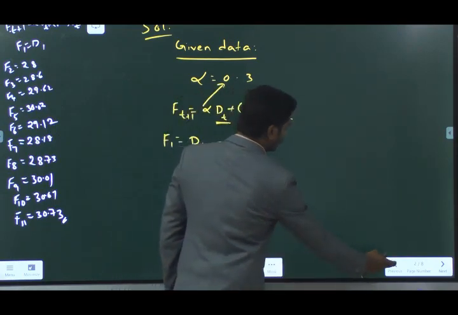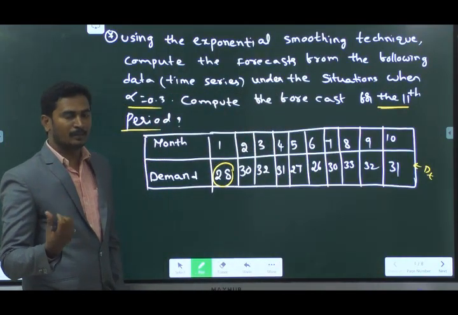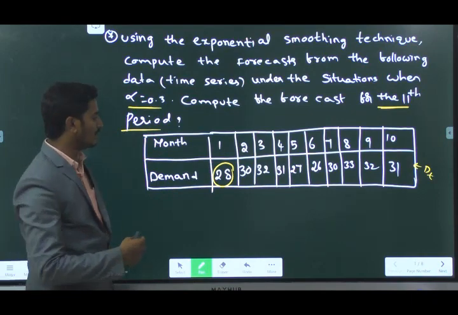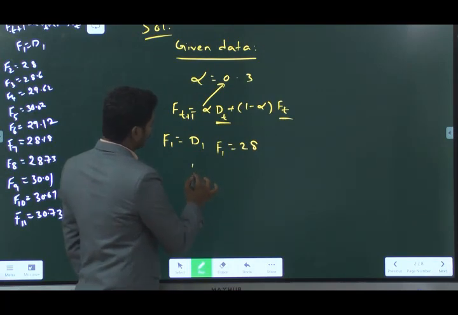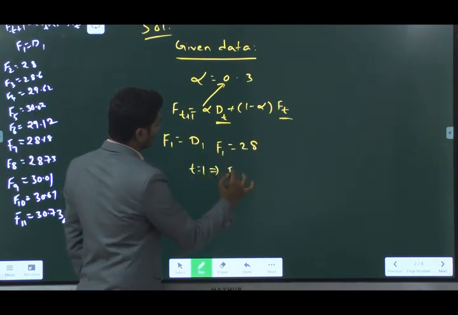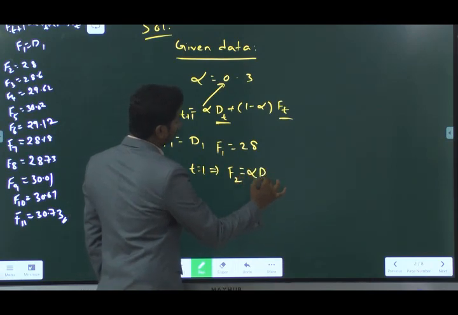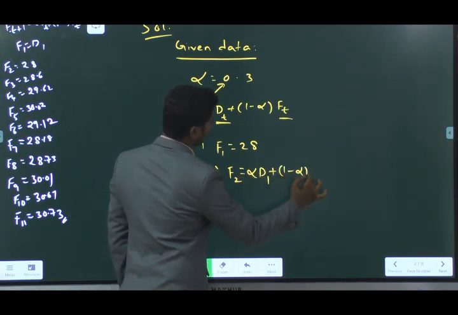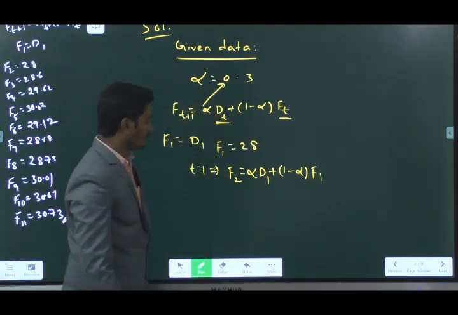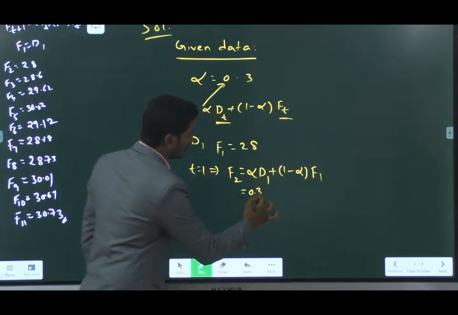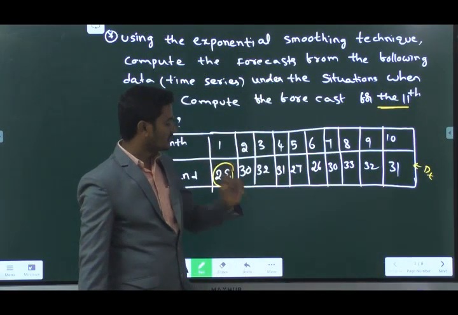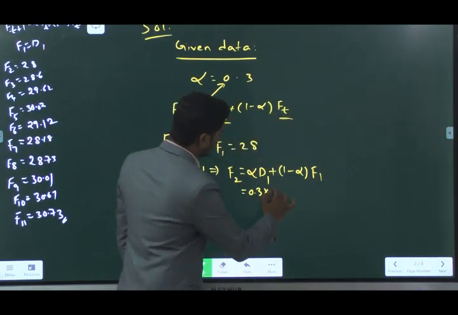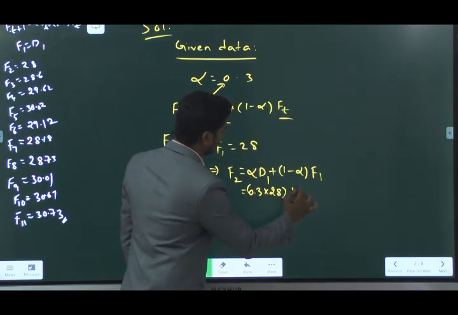Now we calculate the second month. The forecast for the current period is calculated based on the previous month. If we assume t equal to 1, we get F2 equal to alpha D1 plus (1 minus alpha) F1, where alpha is 0.3, D1 is 28 from our table, plus (1 minus 0.3) times F1.